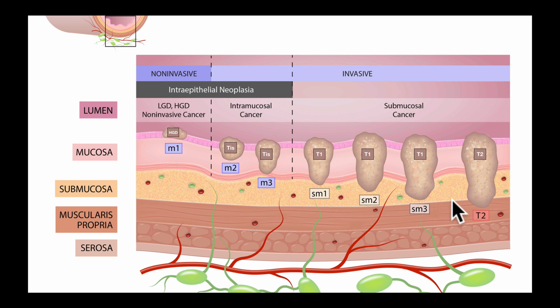When the cancer penetrates into the muscle or muscularis propria, it is called a T2 cancer. So this nomenclature is very important for management of patients with any form of early neoplasia or colorectal neoplasia.